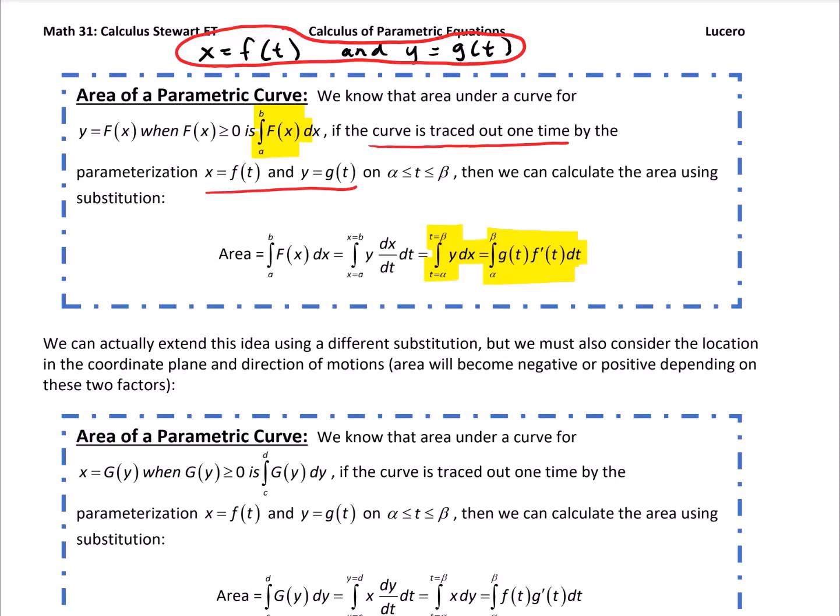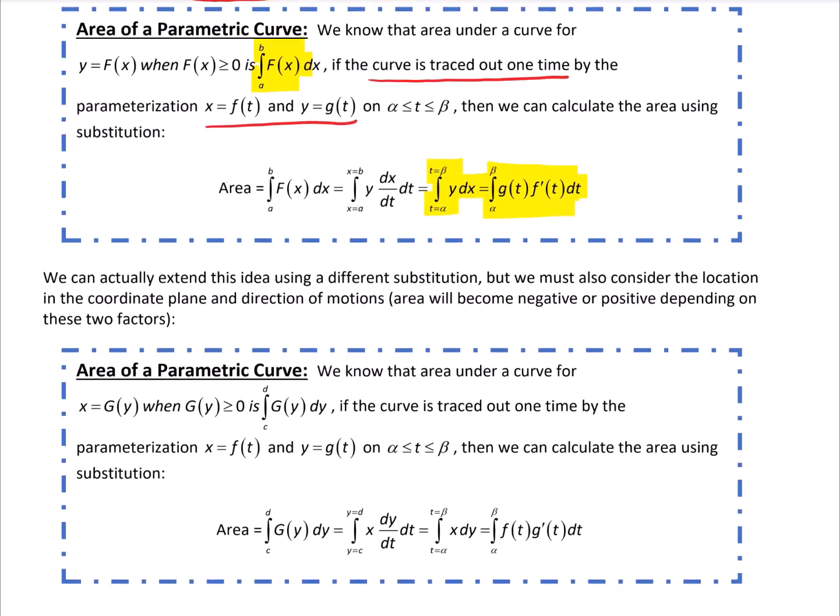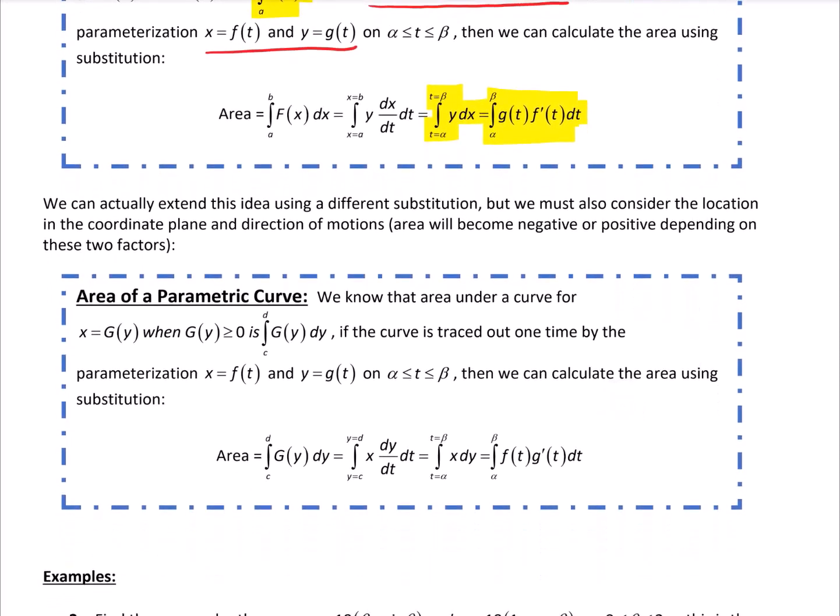Okay, extend the same idea over into the other orientation. Take that exact same area that we talked about along the y-axis, the integral from c to d of x dy, and think of the curve now being defined as a parameterization by two parametric equations from alpha to beta.